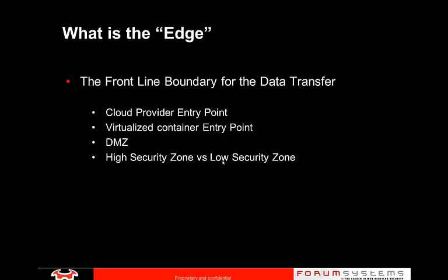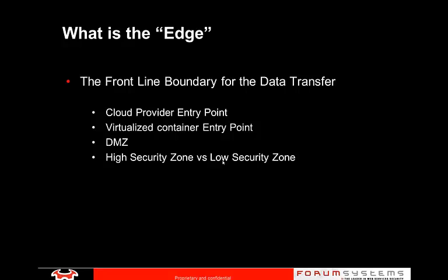Traditionally, you would call this the DMZ, or the point of entry, where the external facing clients, for example, would be the internet or other environments calling into the infrastructure. But the edge could also be a cloud provider entry point, or a virtualized container entry point, or when you're communicating across security zones.